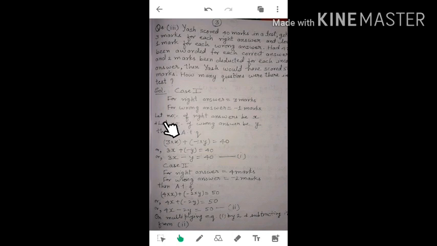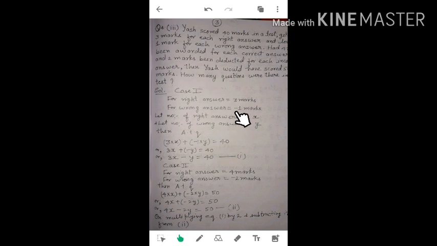Now, we don't know how many right answers he has given and how many wrong answers he has given. So what we have done is, let the number of right answers be x and let the number of wrong answers be y. Case first is that he is scoring 40 marks when each right answer is for 3 marks and 1 mark is deducted for wrong answers.